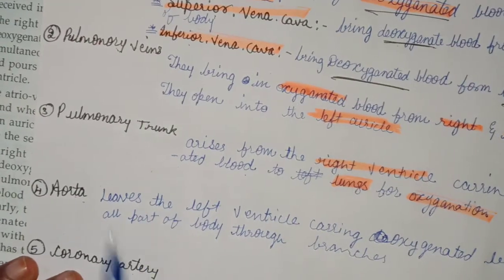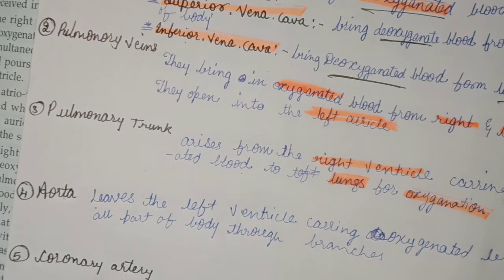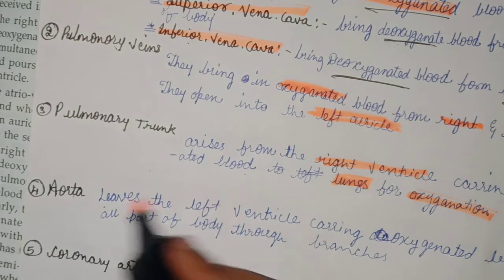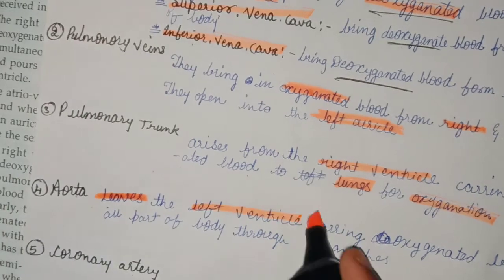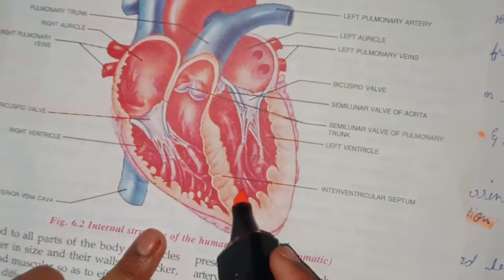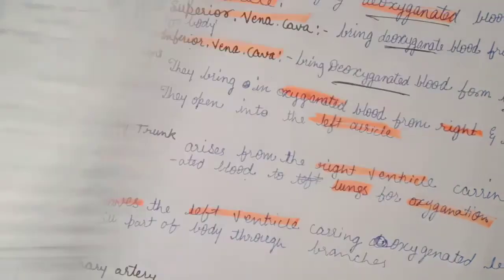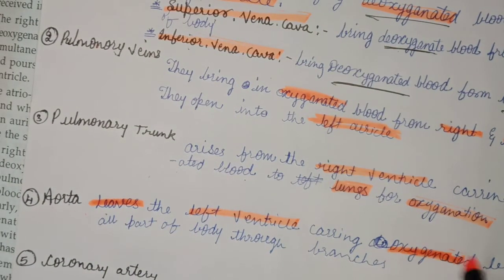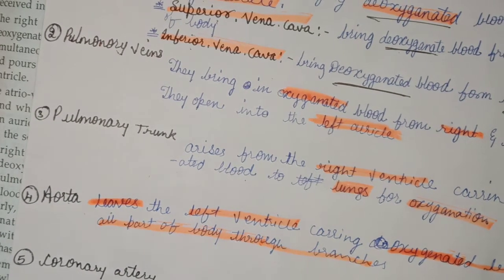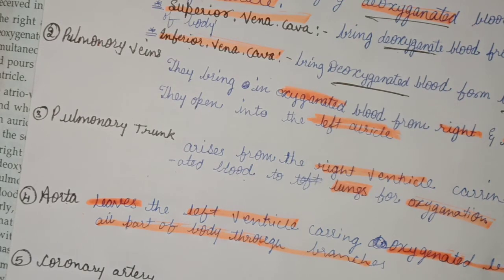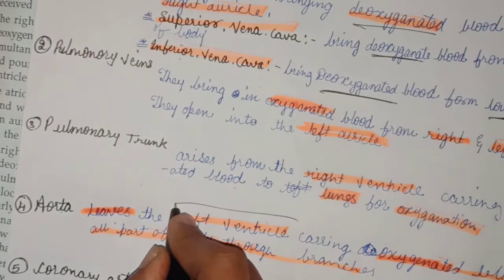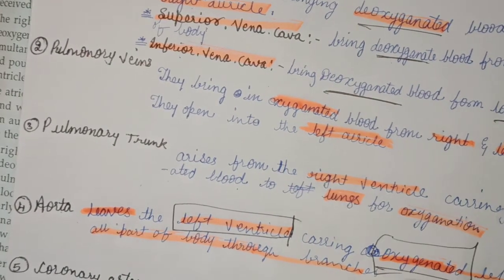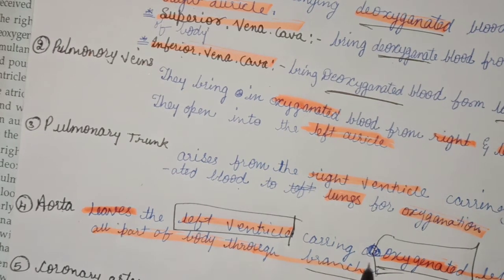As I told in the previous lectures, the left atrium opens into the left ventricle, and the left ventricle opens into the aorta. So the aorta leaves the left ventricle, which means it comes out from here. It carries the oxygenated blood to all parts of the body through branches. Very important, aorta, and a very simple topic too.